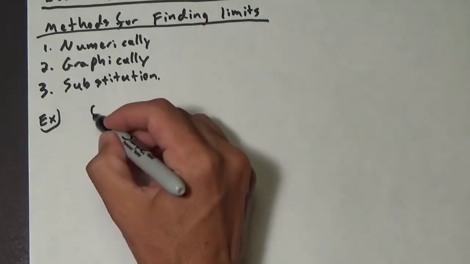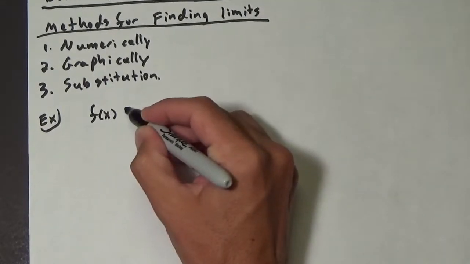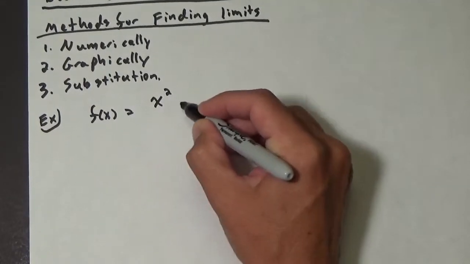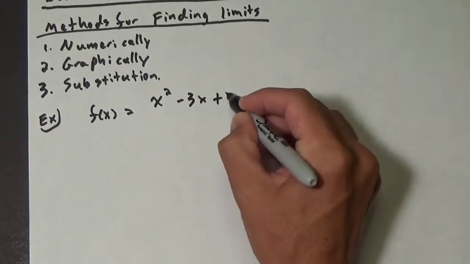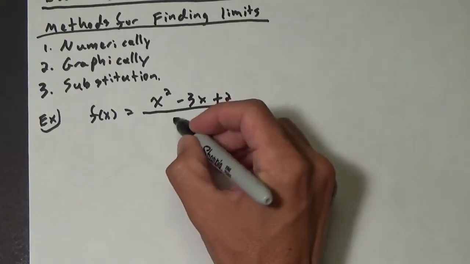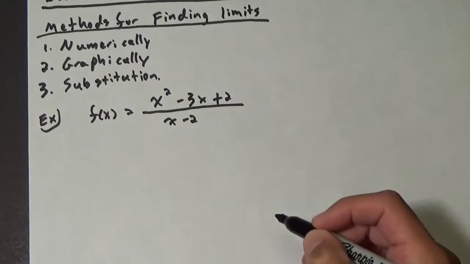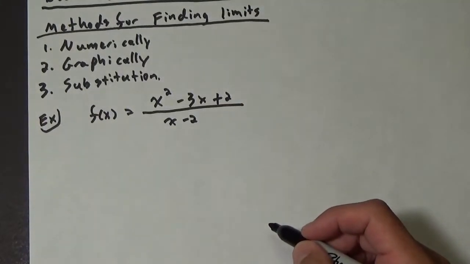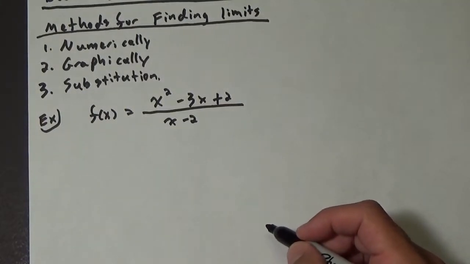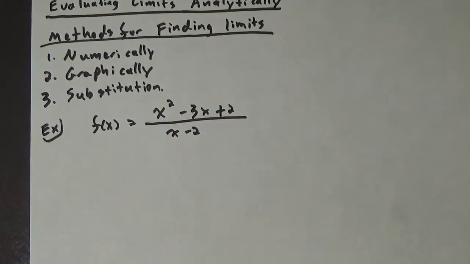So if you remember, we had this function, f of x equals x squared minus 3x plus 2 all over x minus 2. And this is the example that we used in a previous video. That was actually the one that we used for our introduction to limits.